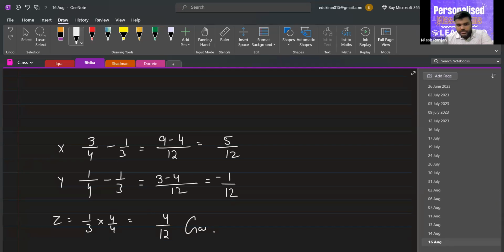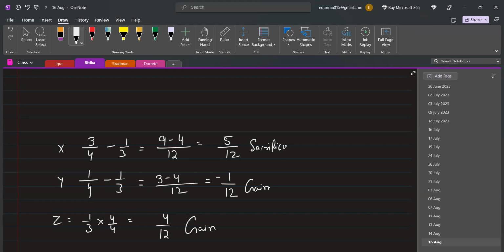So gain for Z, gain for Y, and sacrifice for X. Why did you do 4 by 4? To convert it to 12. Okay, got it, sir.